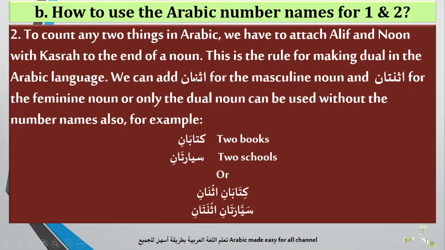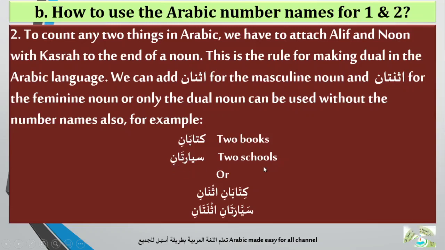We can add ithnani for the masculine noun and ithnatani for the feminine noun, or only the dual noun can be used without the number names also. For example, you can see here, when I say kitabani with this alif and noon kasra, it means 2 books. Sayyaratani, again with this alif and noon, means 2 cars.